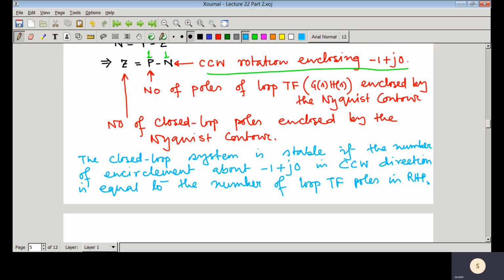So that means whenever P is equal to N, then the Z would be equal to 0. So that means the system would be stable.